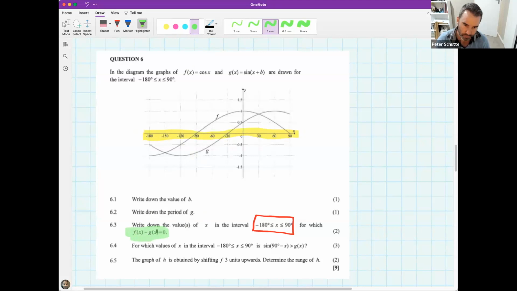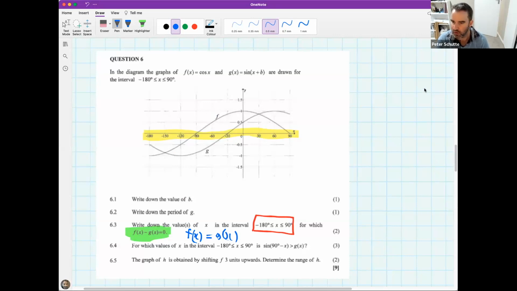Now, the way it's written is a little bit sneaky. What I think would be an easier way to write this, and this is something you do learn to do, is that if they give you a statement, I could have also written the statement as: where is f of x equal to g of x? So for what x values on this line is the graph f equal to the graph g?